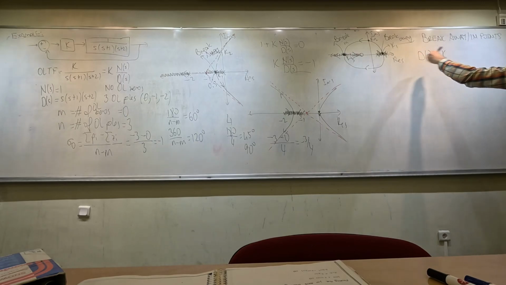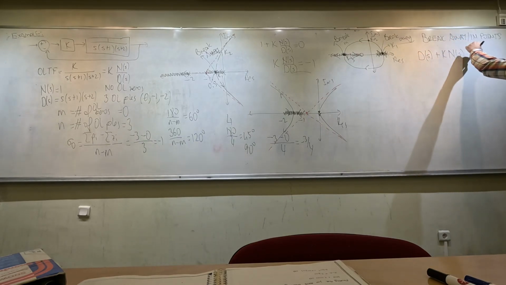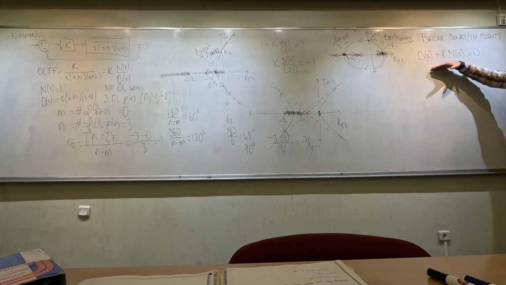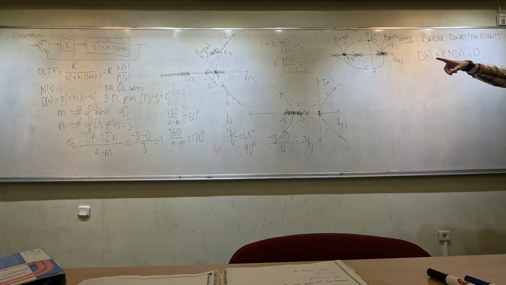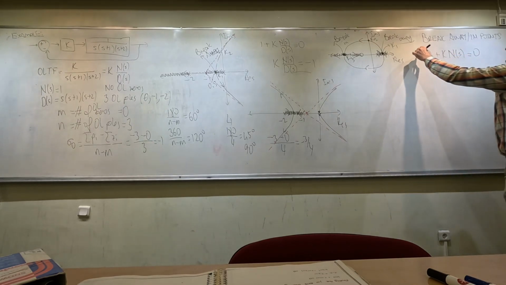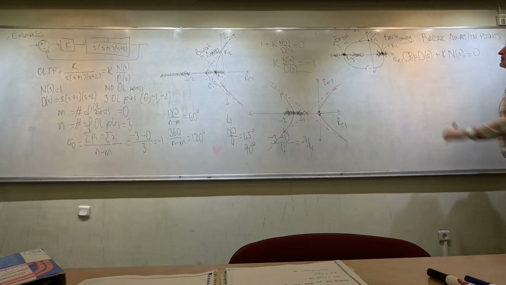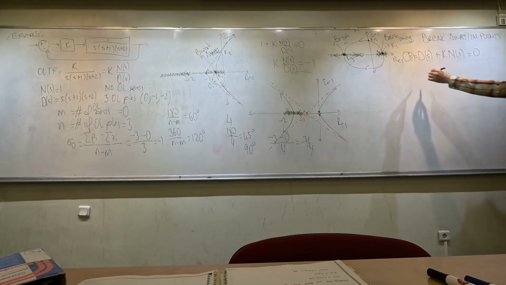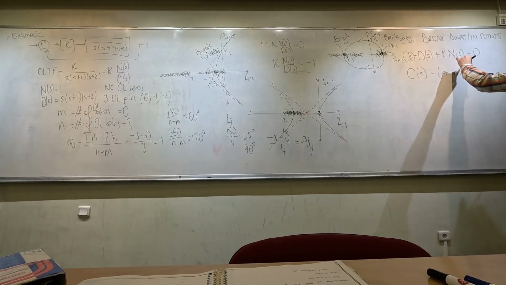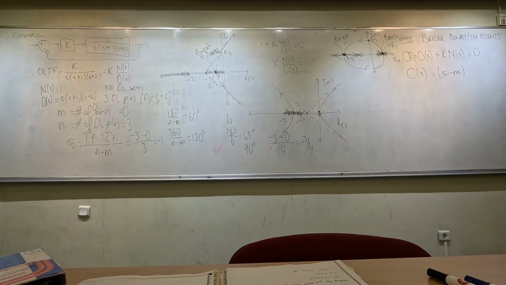So it's going to give me the following characteristic polynomial, D of s plus k N of s is equal to 0. This is the characteristic polynomial for which we are drawing the roots in our root locus plots. Okay? So if I call this the characteristic polynomial C of s, then that actually means that at a breakaway or break-in point, there will be roots with multiplicity 2.